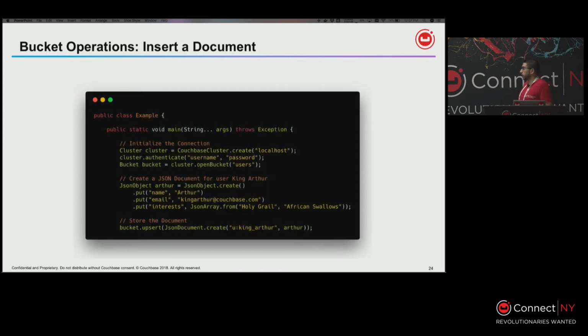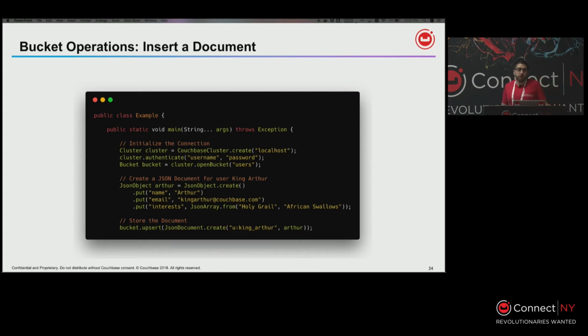So I can insert a document. In this example, this is a bucket operation where I create a JSON object in Java. It's a user, so I'm giving it a name, Arthur, and an email address, kingarthur@couchbase.com, and I'm putting some interests of that user in as a JSON array, and then I put the document into Couchbase.